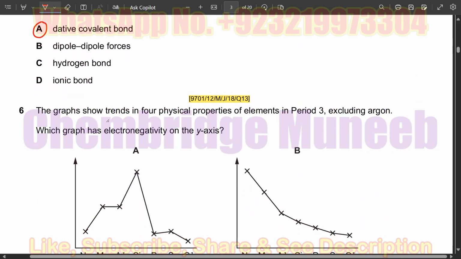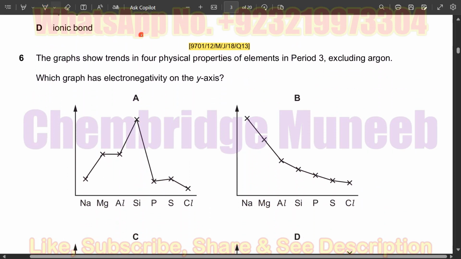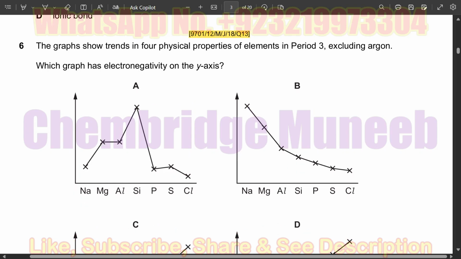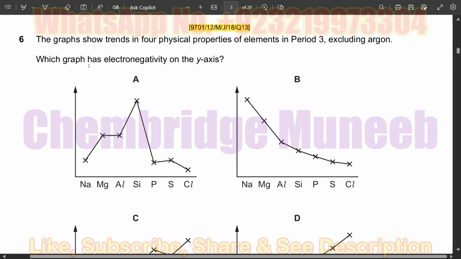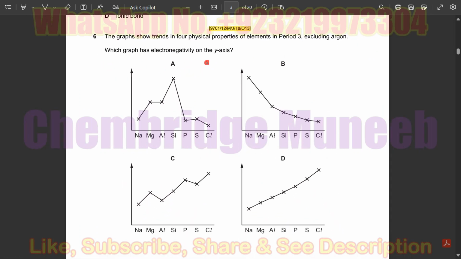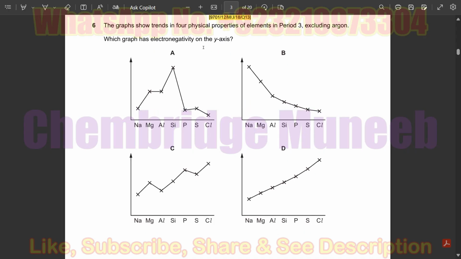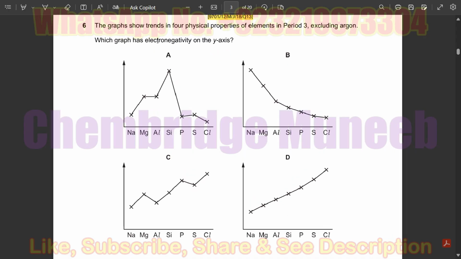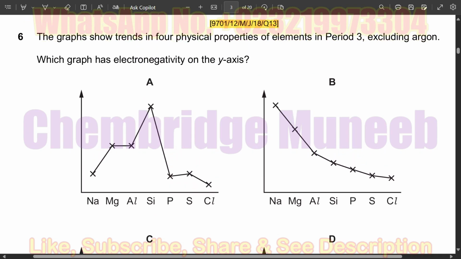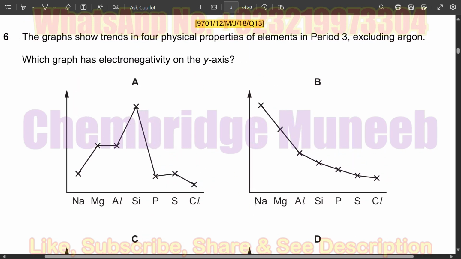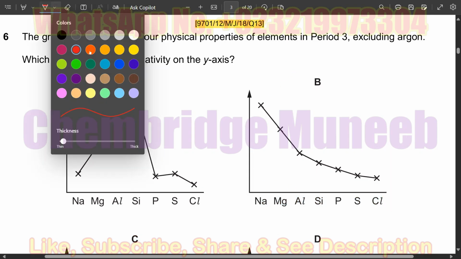Question number 6. It is also a repeated question from the previous year. The graph shows the trends in 4 physical properties of elements, excluding argon. Which graph has electronegativity on the y-axis? You must recall that across the period, the electronegativity value increases.